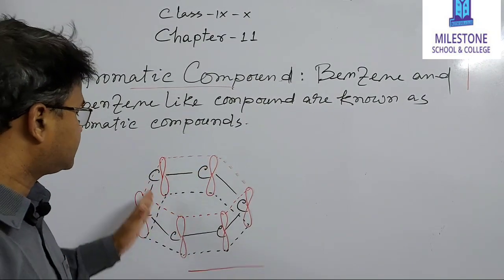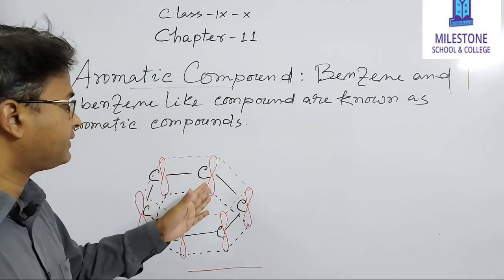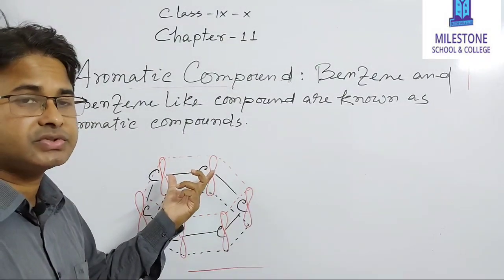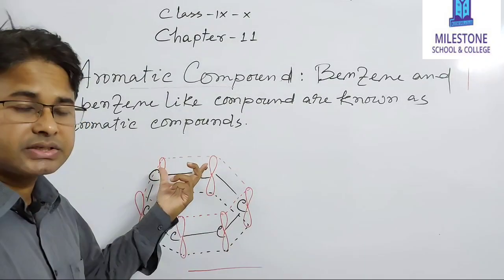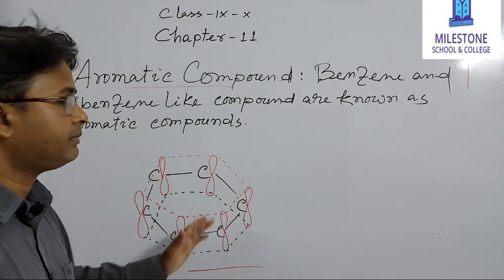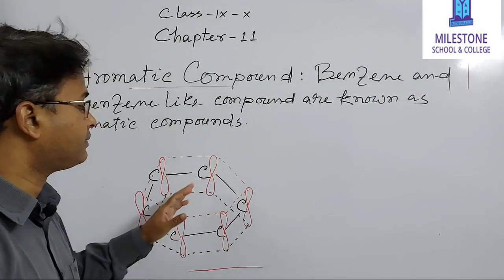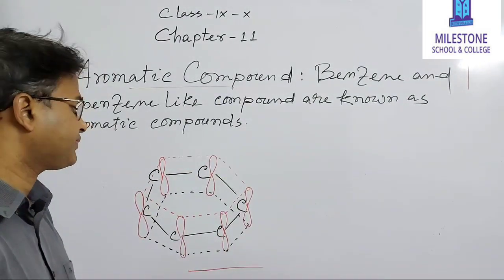Those lobes are actually p orbitals, and the p orbitals take part in the bond formation which is known as pi bond, and the concerned electrons are known as pi electrons. Those pi electrons can move through the whole benzene structure freely. That's why those pi electrons are known as delocalized pi electrons.